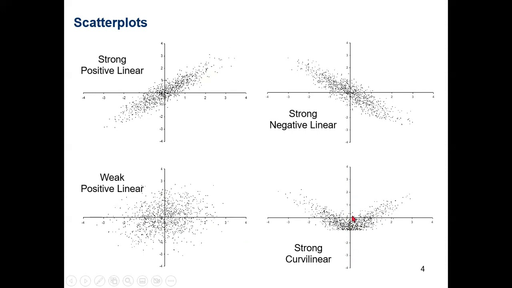With the center point at 0, the relationship on the right side is positive. The relationship on the left side of the axis is a negative relationship. So this is not a linear relationship. This looks like a curvilinear relationship.